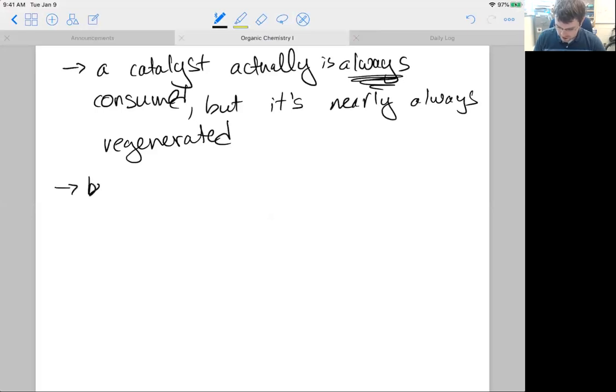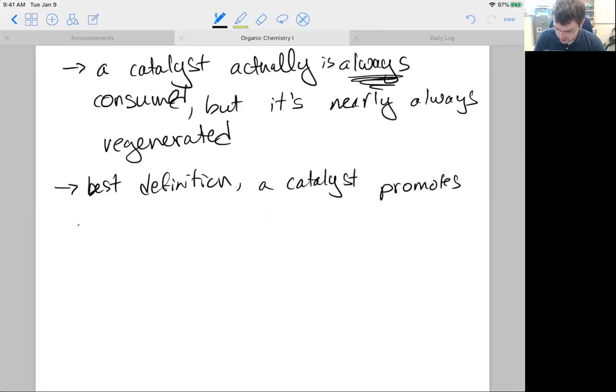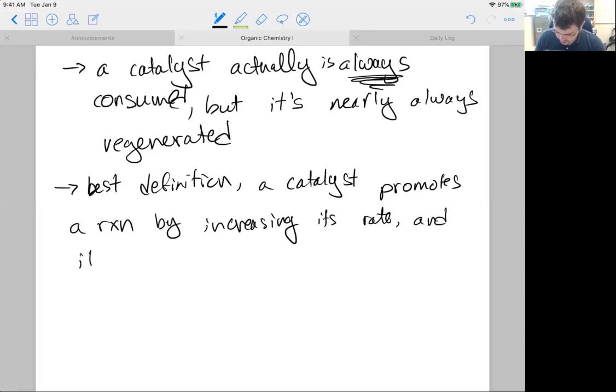And so the best definition is: a catalyst promotes a reaction by increasing its rate, and it's both a starting material and product.